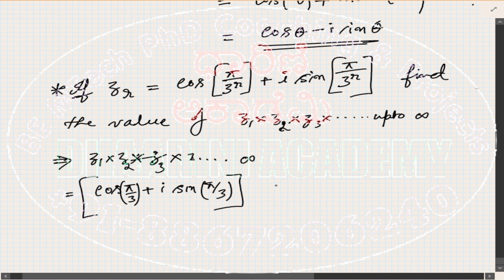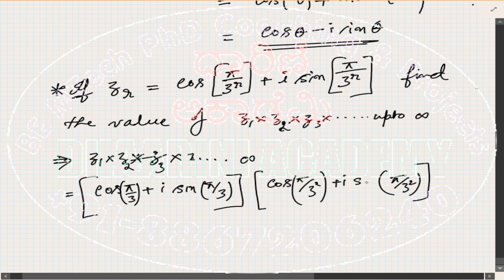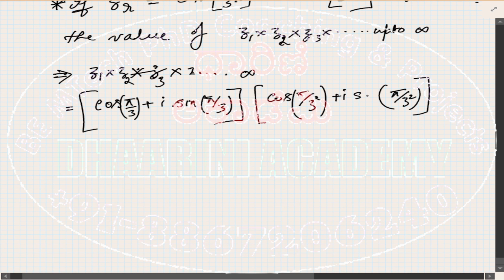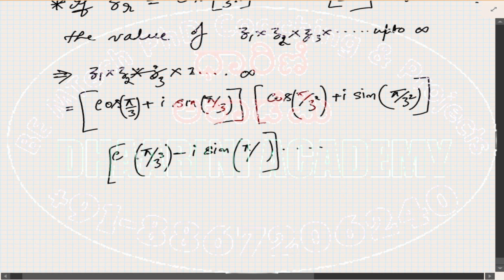Second term, z2, is cos (pi by 3) to the r, where r is 2, so (pi by 3) square, plus I sin (pi by 3) square, into the next term, cos (pi by 3) cube plus I sin (pi by 3) cube, dot dot dot to infinity.